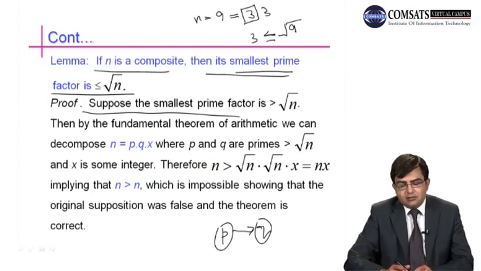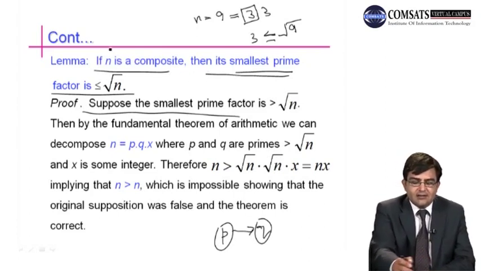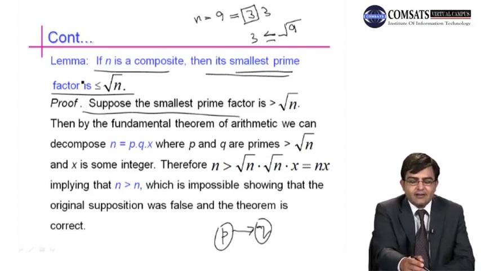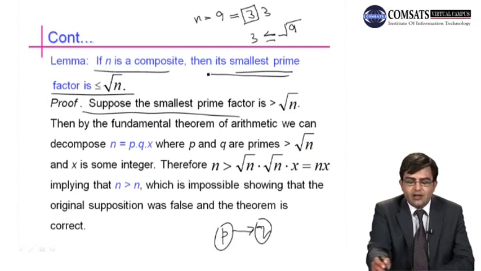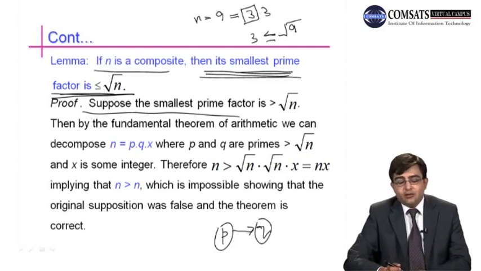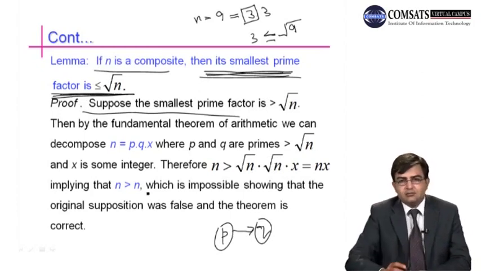In this method of proof, we suppose that the result is false, meaning what we have to prove is false. In this result we have to prove that if n is composite, then its smallest prime factor is less than or equal to the square root of n, and we suppose that this statement is false or wrong.